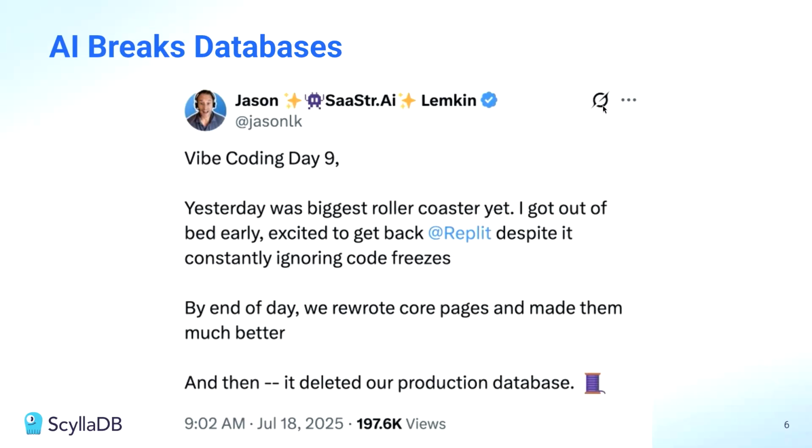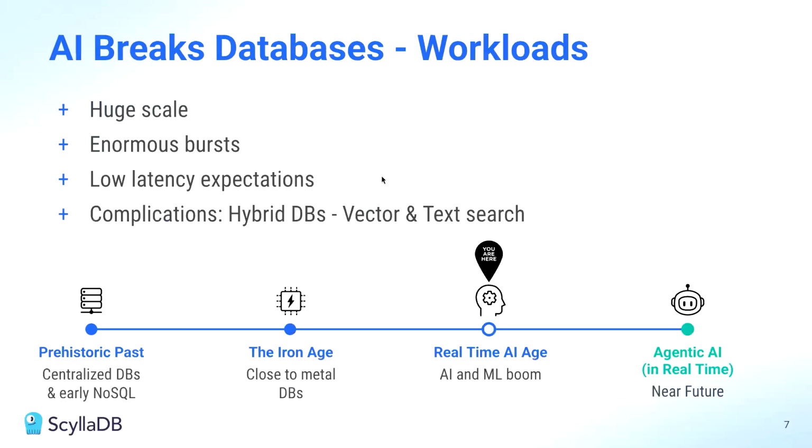Happens to the best of us. And the agent deleted their production database. Okay, so that's an example of AI going bad and breaking the database, but that's actually not the focus of my talk today. My focus is about workloads.